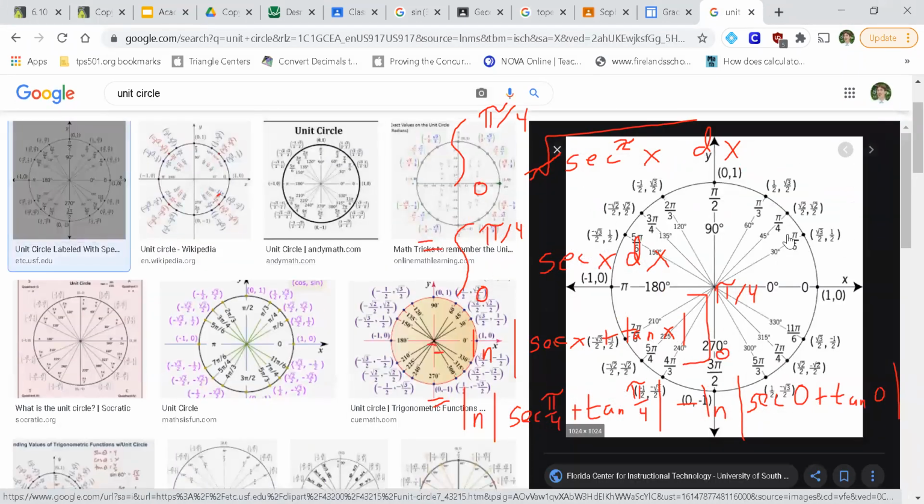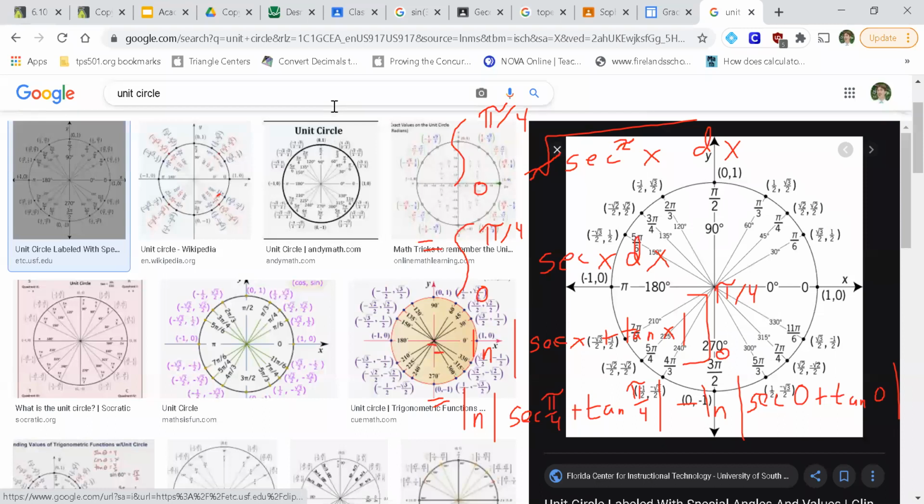you can see at pi over 4, secant is 1 over cosine. So it's 1 over our x value here. So instead of square root of 2 over 2, it's 2 over the square root of 2.